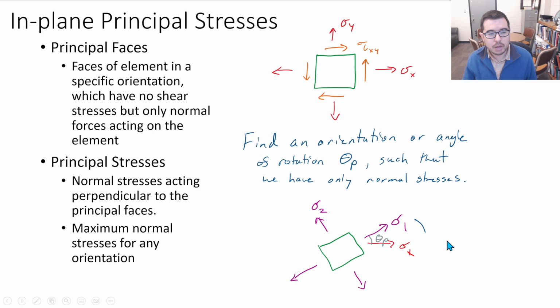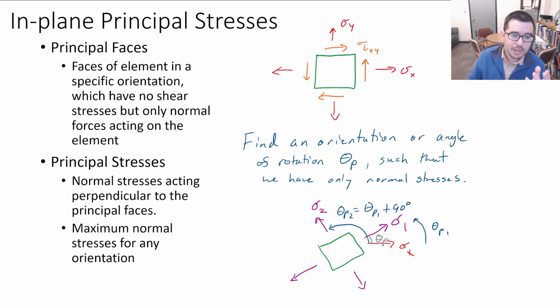And we often call them sigma p1 and sigma p2. Now, these terms can get a little bit confusing. It's not super important that you know this is the P1, this is the P2, all right?